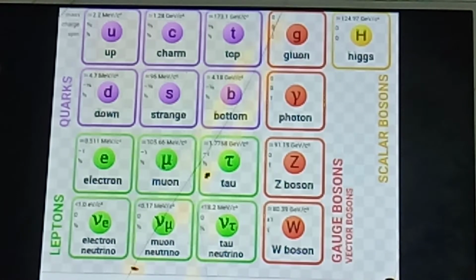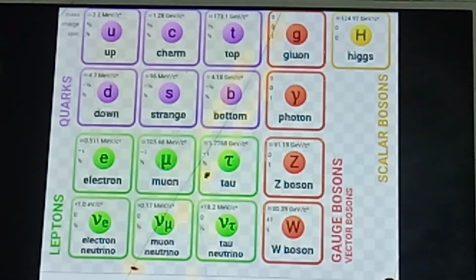Next one is fundamental particles. In 1878, Sir William Crookes, while conducting an experiment using a discharge tube, found certain visible rays traveling between two metal electrodes. These rays are known as Crookes rays or cathode rays.